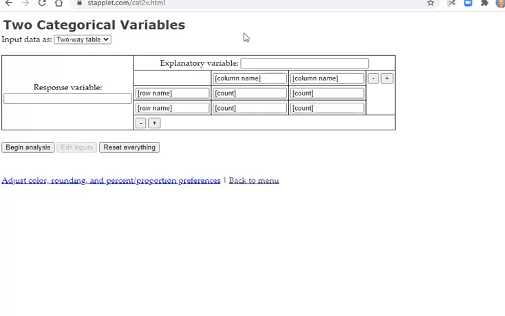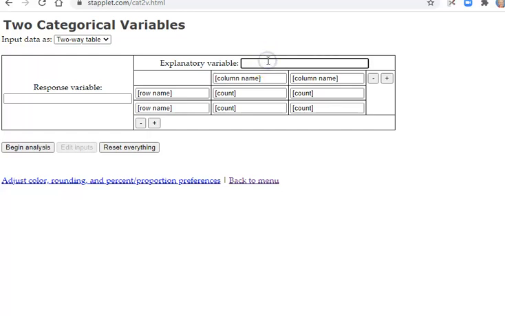So for example, in this example, is whether a person lived or died explained by which travel class they were in, or is which travel class they were in explained by whether they lived or died? That second one doesn't really make sense. We're saying if we know something about the travel class, that tells us something about whether they lived or died.